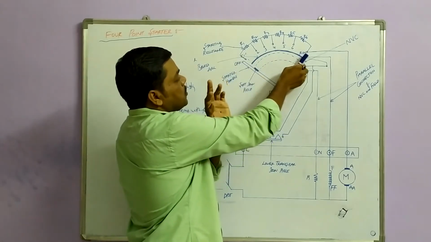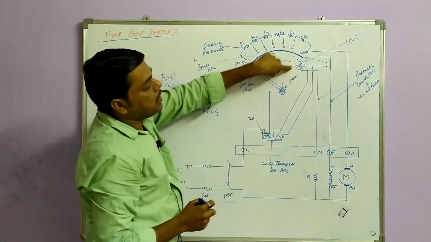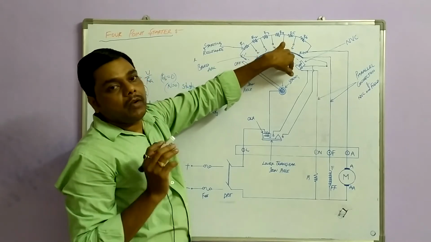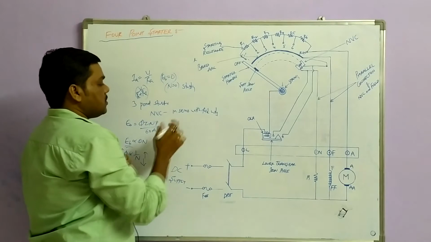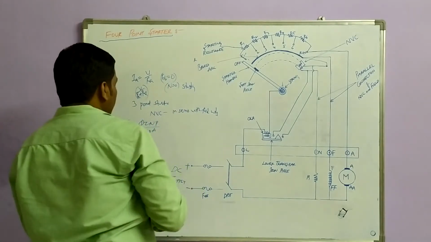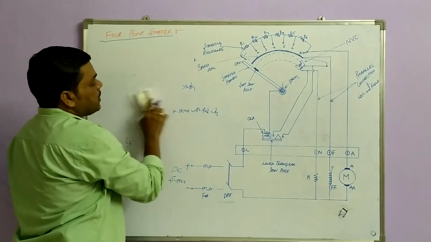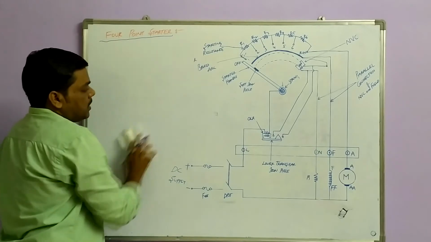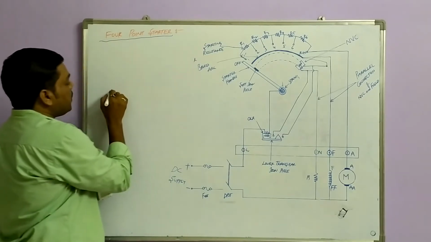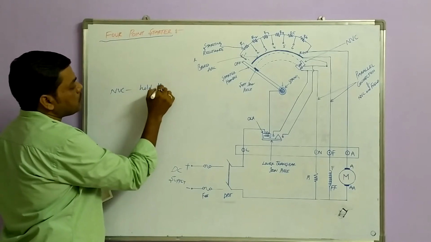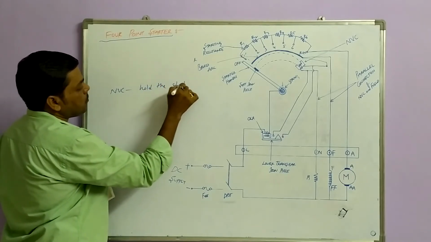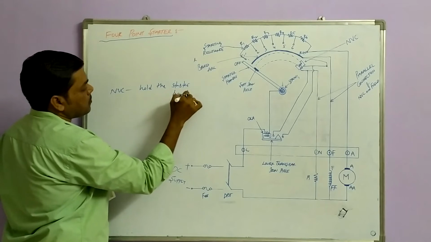Now there is the NVC. What is the main function of the NVC that we discussed? The main function of the NVC is the same as in the 3-point starter: to hold the starter handle.